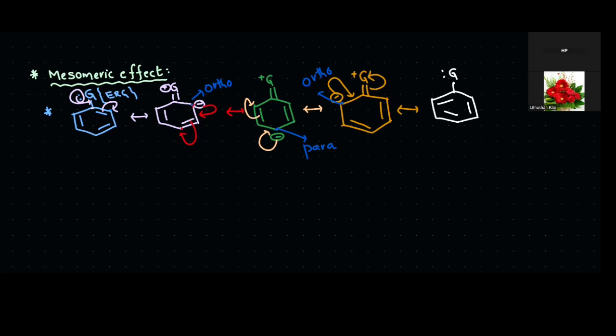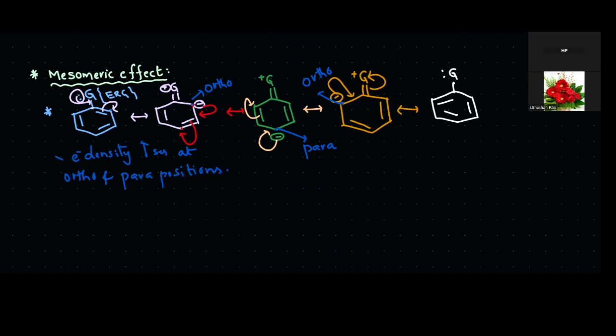So at which positions does the electron density increase? The electron density increases at the ortho and para positions.